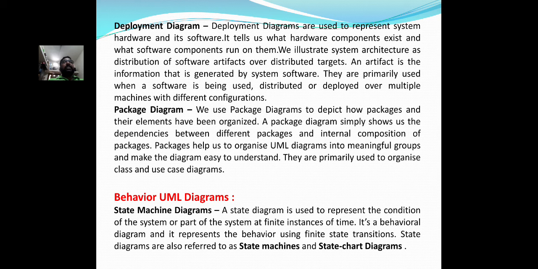An artifact is the information that is generated by system software. They are primarily used when software is being deployed, distributed or developed over multiple machines with different configurations. And the next, package diagram.